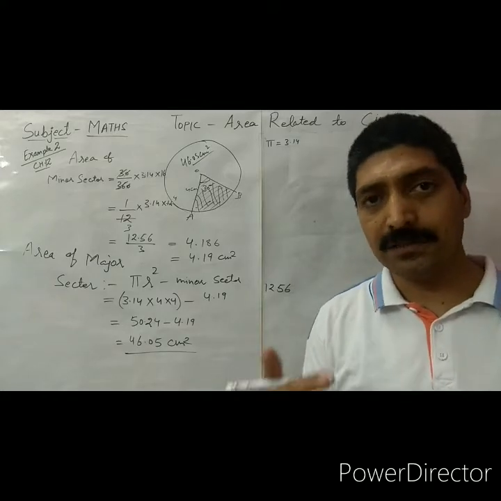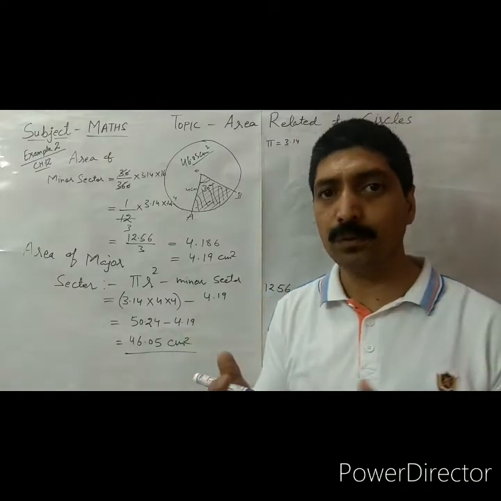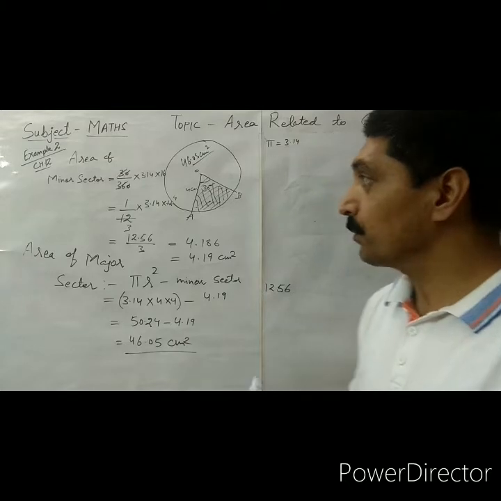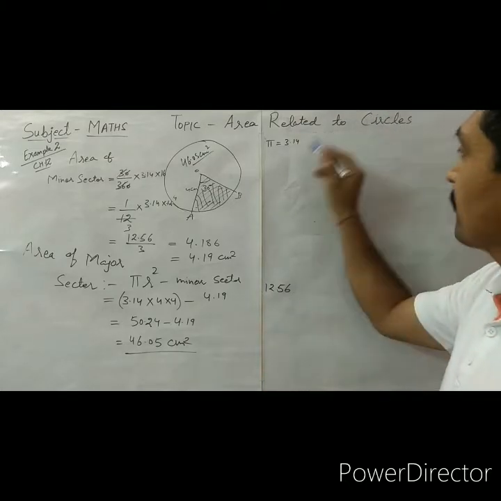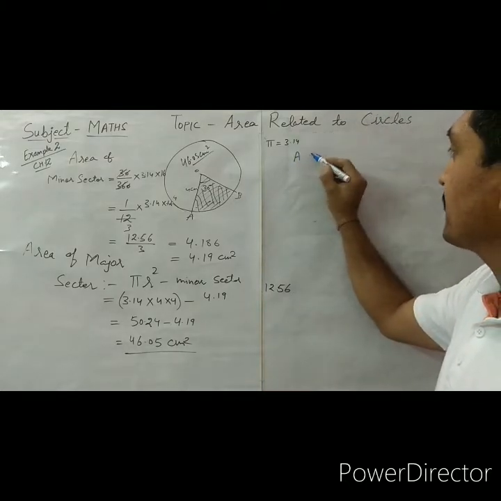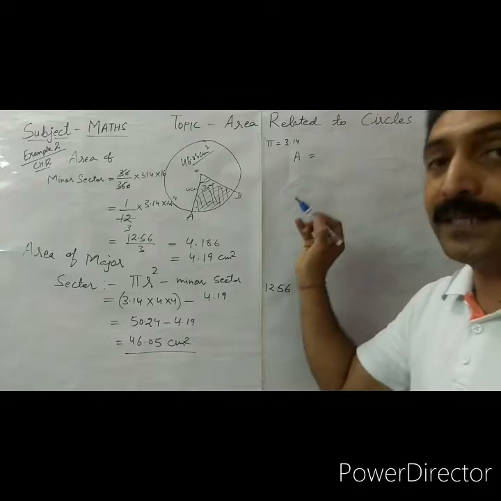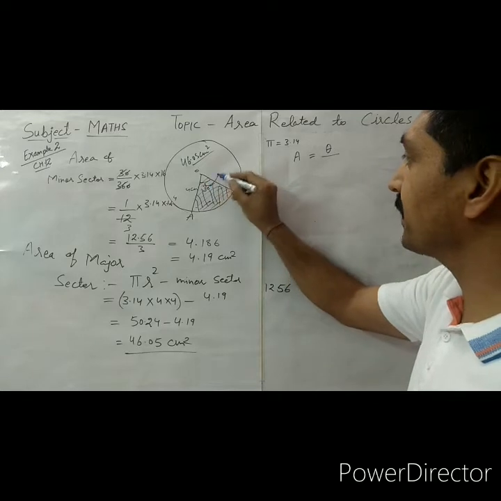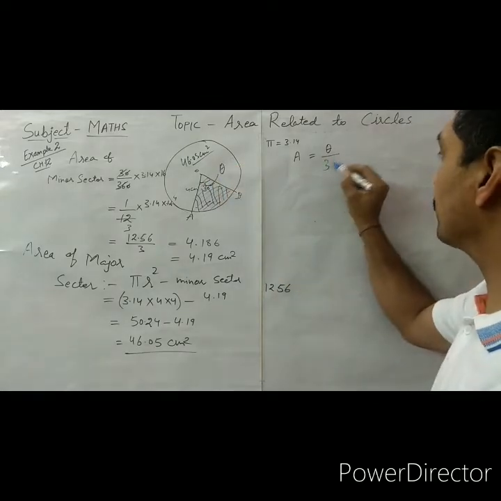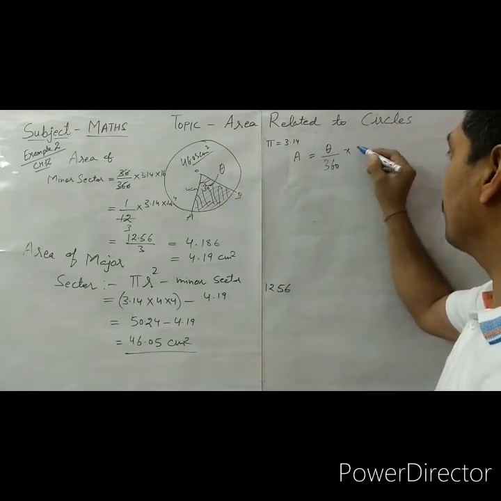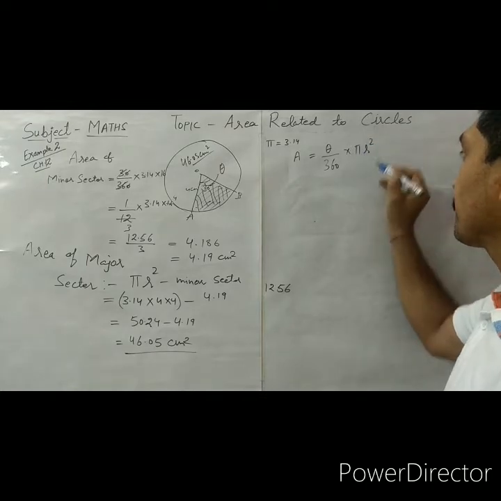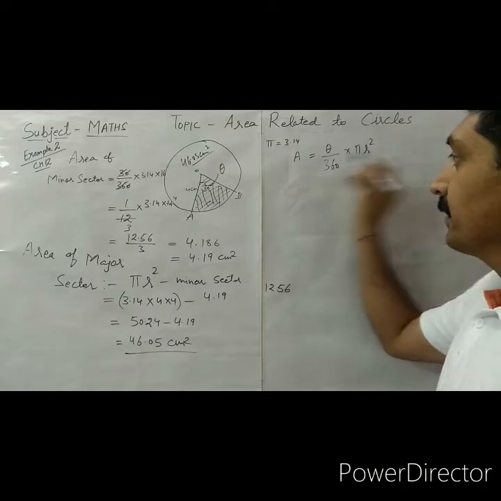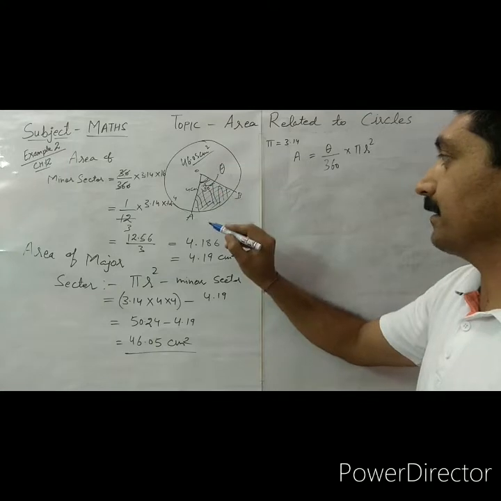So let's recap what we have discussed today. We have discussed the area of a sector. The area of the minor sector, if the angle subtended is theta, is theta upon 360 into pi r square.